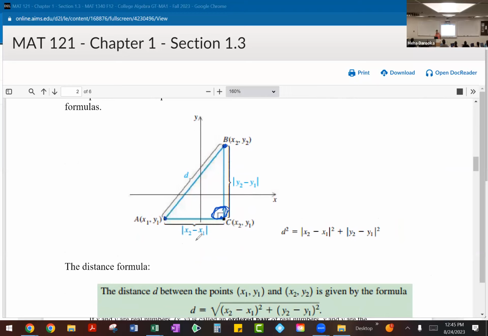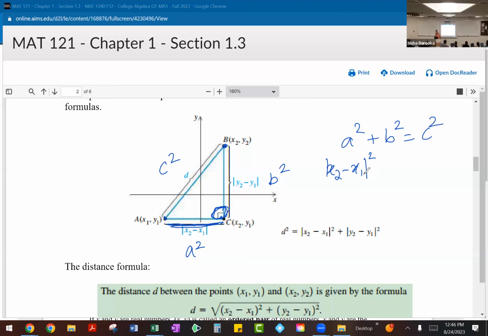So if I use that same idea of a squared plus b squared equals c squared, but now I'm talking about the horizontal difference, that is the difference between the two x values. So that's going to be x2 minus x1. They're using absolute value, but you don't have to, because we still have the square on that, so any negatives would automatically become positive.